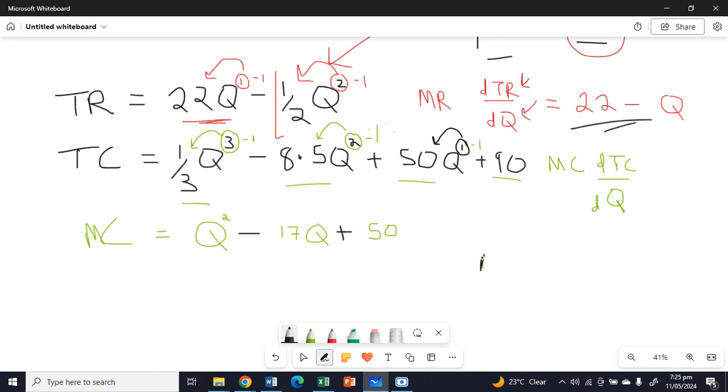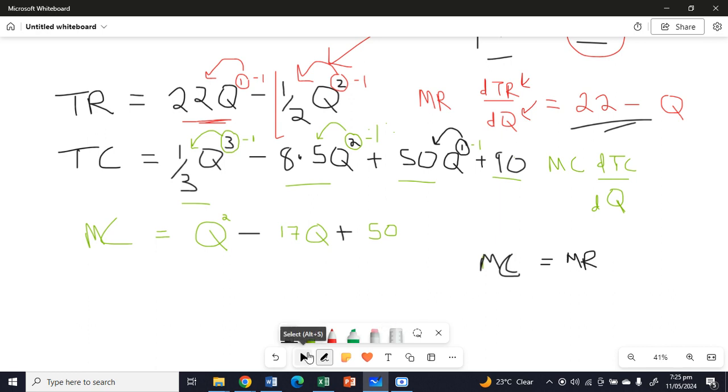This is what managerial economics is about, making decisions. And one of the decisions you would want to make for the firm is maximizing profit. That is just one of the decisions which you would be very interested in doing for any firm. So we equate marginal cost to marginal revenue.